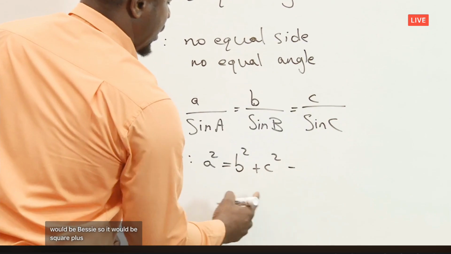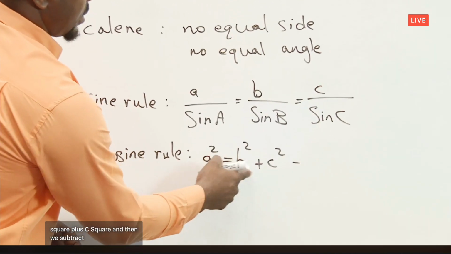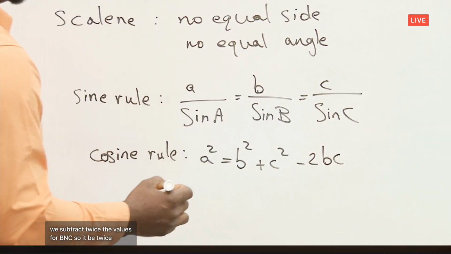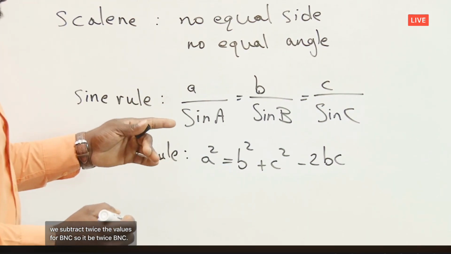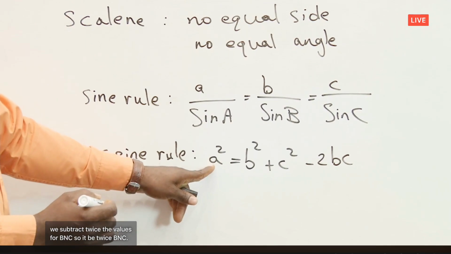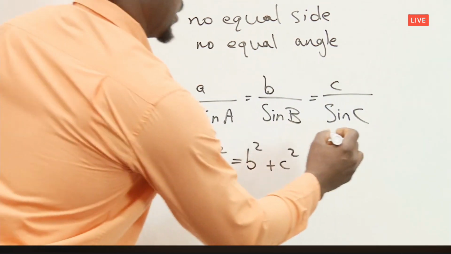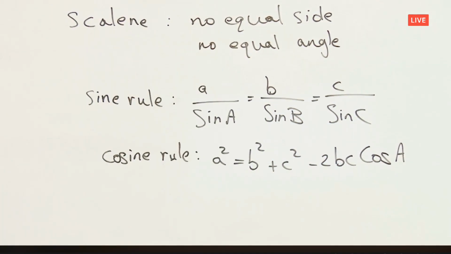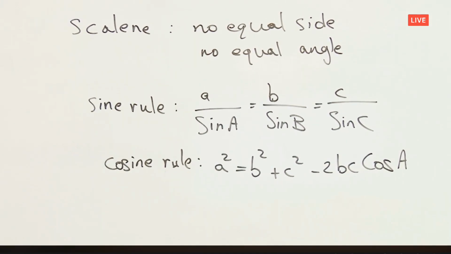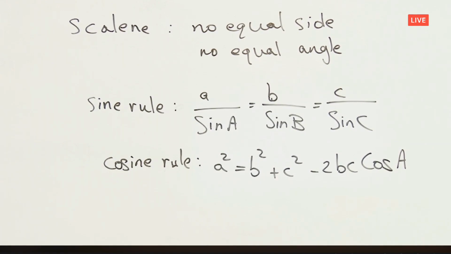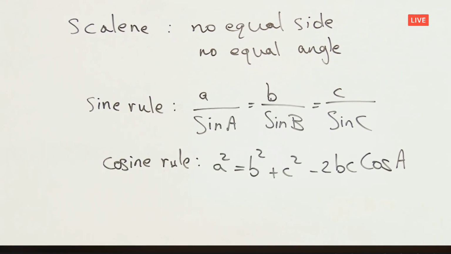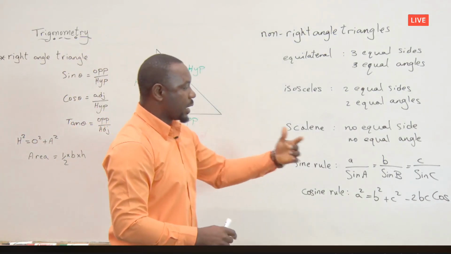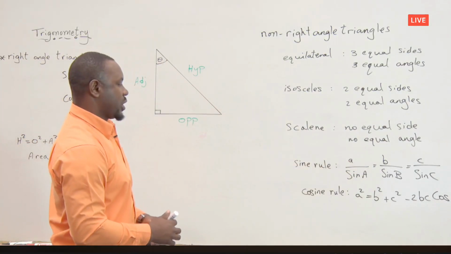And then we subtract twice the values for B and C, so it will be twice B and C, with cosine of the angle for the length that you made the subject. So this will be cosine of A. All right? So these are the 2 formulas we use, either to find the length of a side on a non-right angle triangle or the value for an angle in a non-right angle triangle.